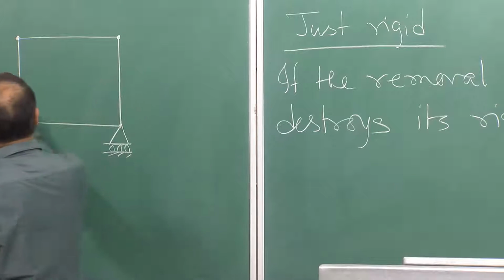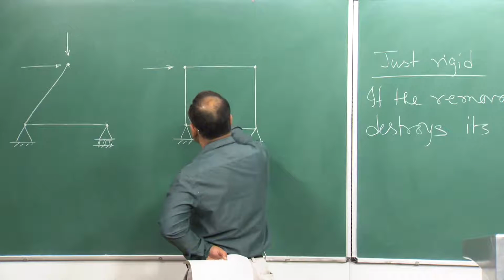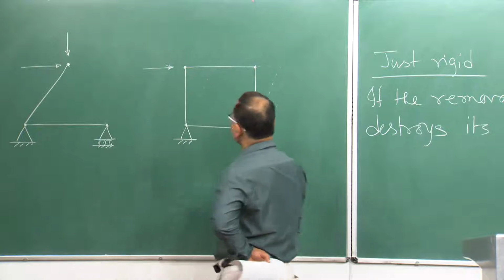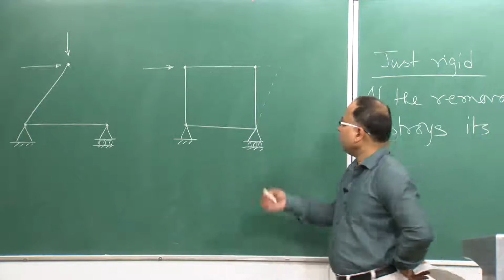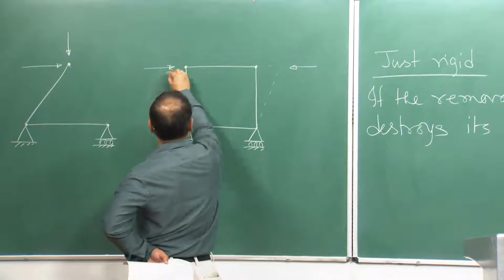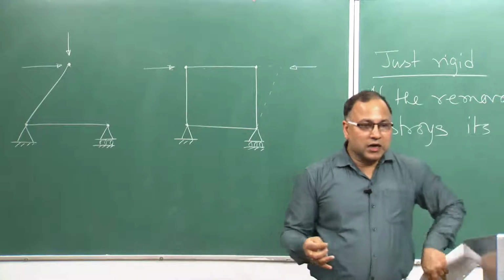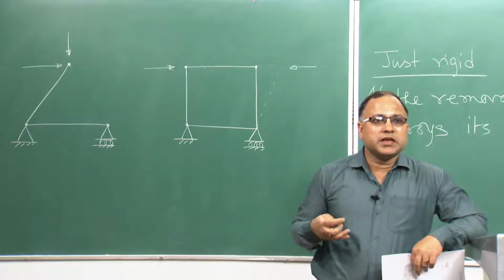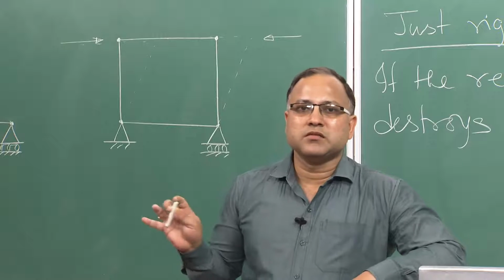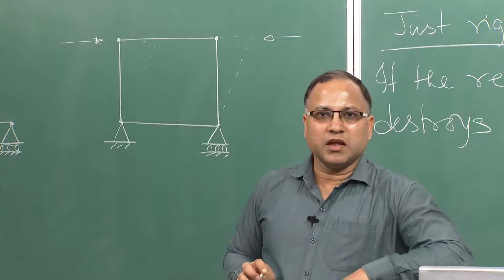What will happen if I apply load in this direction? This will try to rotate, this will try to sway in this way, or if you apply a load in this direction, it will try to sway in this direction. So, under the action of the externally applied load, this will not be stable. That is why this system is not a rigid system.